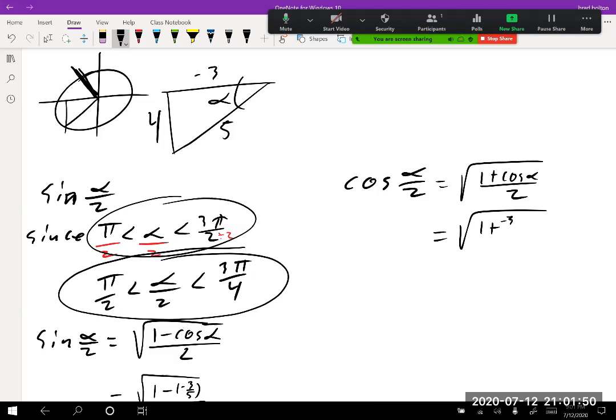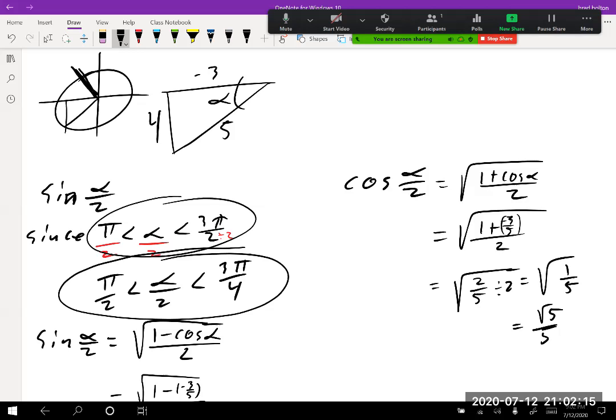It's going to be -3 over 5, divided by 2. So then this will become the square root of 5 over 5 plus -3 over 5, so it'd be 2 over 5 divided by 2, which is the same as the square root of 1 over 5, which is the same as the square root of 5 over 5.